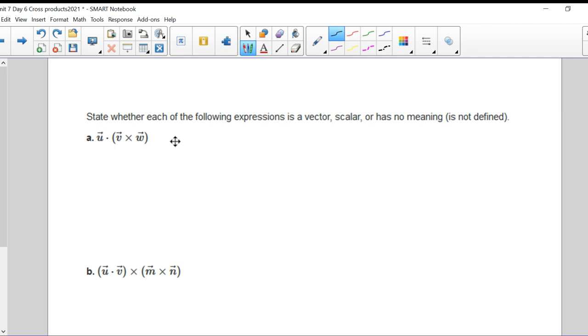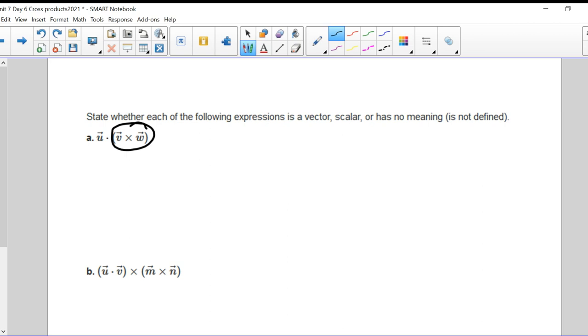Well, let's take it in stages. Let's do this part first, the stuff in the brackets. Brackets tend to be the first thing that you want to do. When you multiply using cross multiplication, when you do the cross product between a vector and a vector, what do you get?